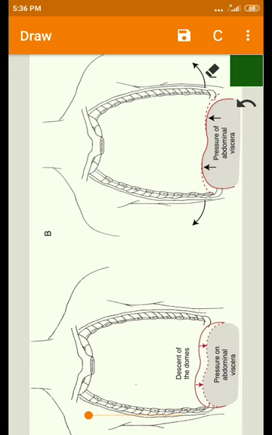So what will happen? These fibers are vertically placed, isn't it?